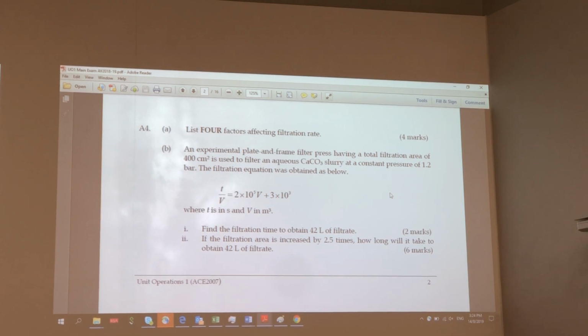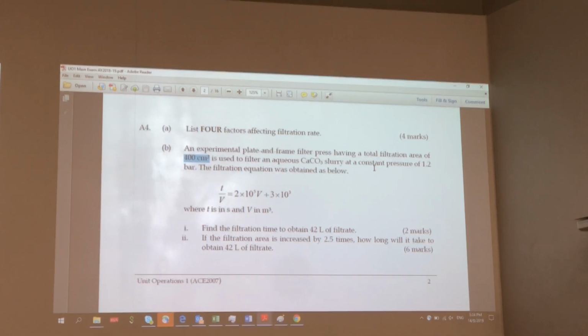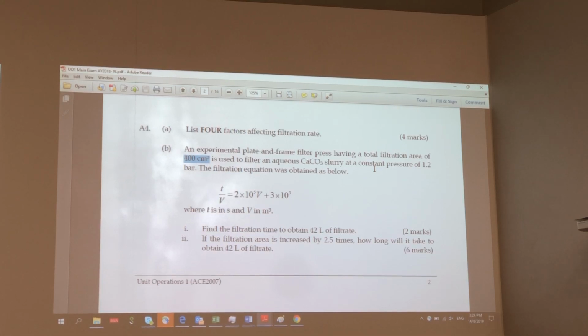Please, you need to read your question carefully. In this question, the area is given directly, 400 cm squared, okay? But if let's say I give you per frame, just like in your practical, per frame, the area is 400. Total, you have 8 pieces, just like in your practical.